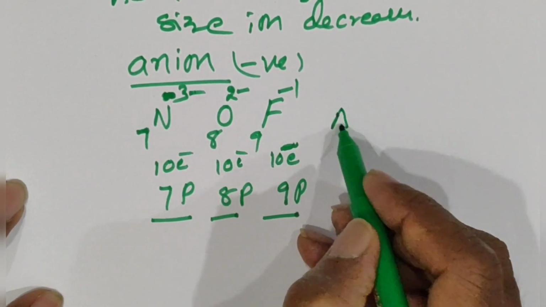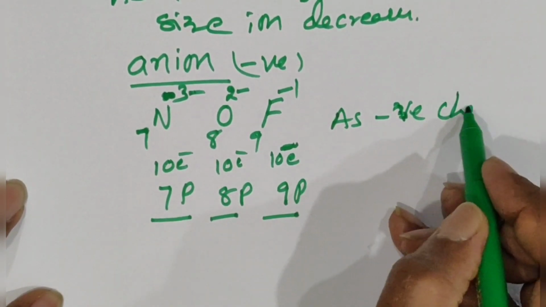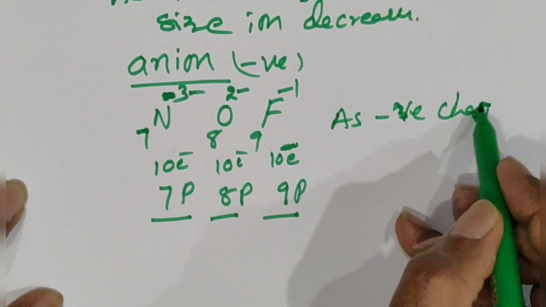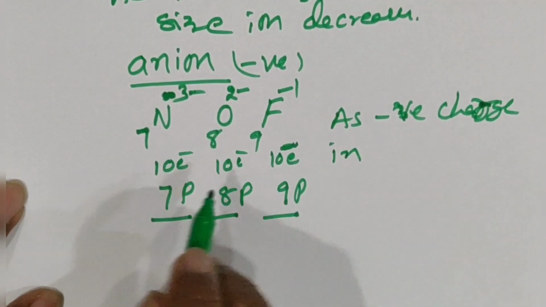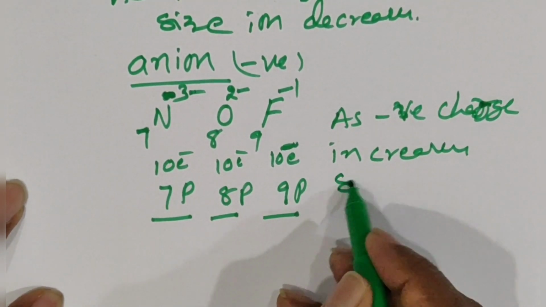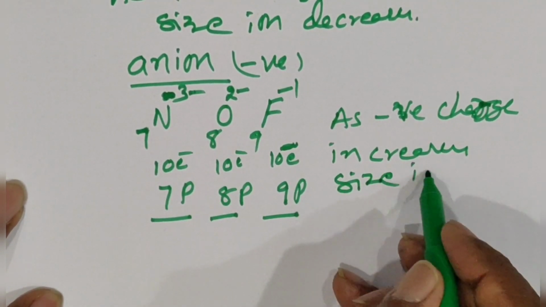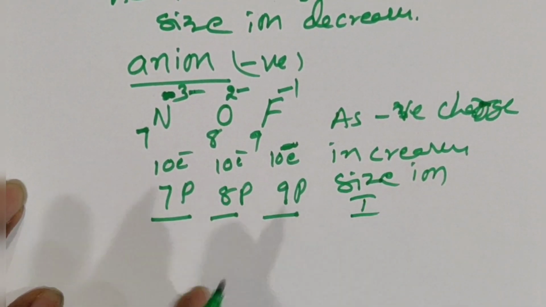Right? As the negative charge increases, size of anion increases.